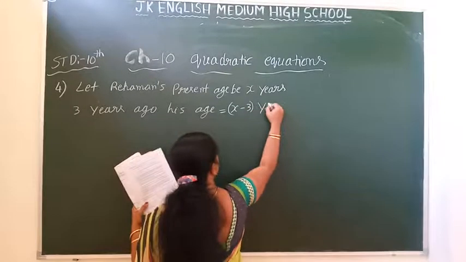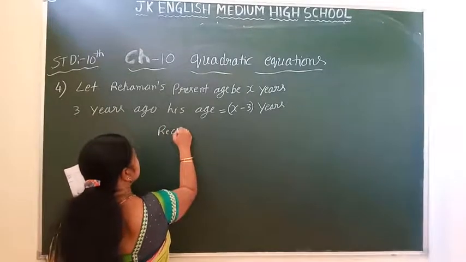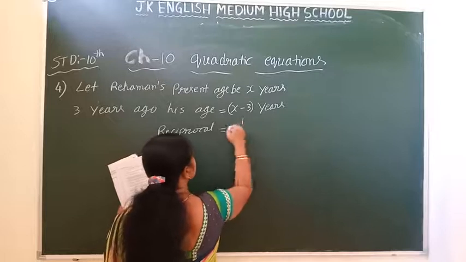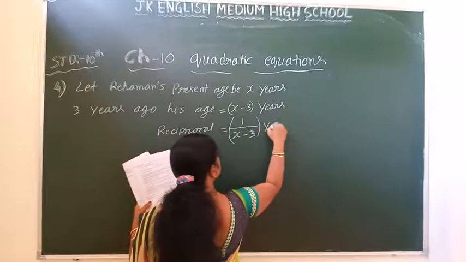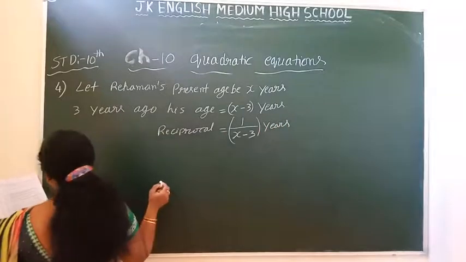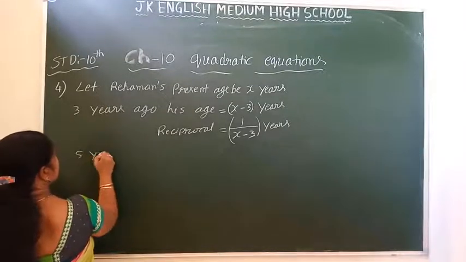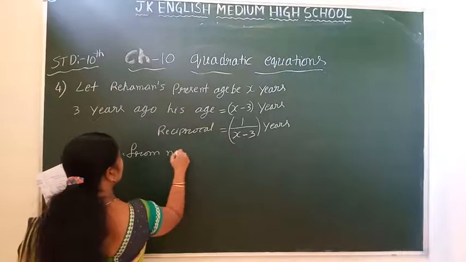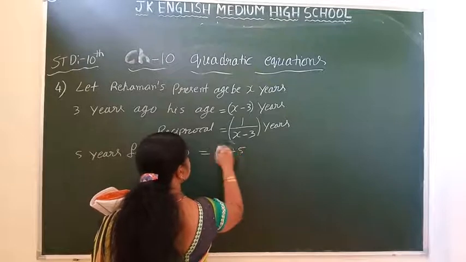So the reciprocal of this is 1 divided by x minus 3 years. Then 5 years from now, the age will be x plus 5 years.